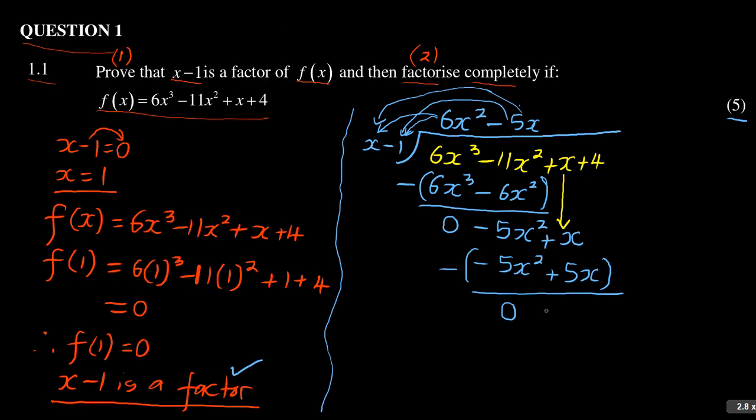So in this case, we are going to have a negative 4x. And then what do you bring down? You also again bring down the 4. So in this case, we are going to bring down the positive 4.